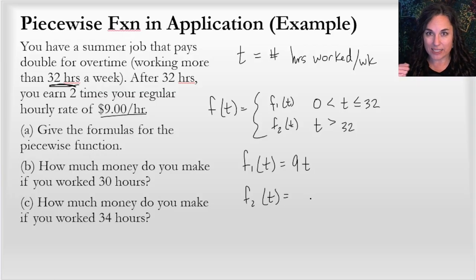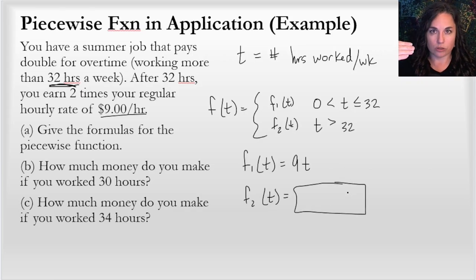So this is the dollar amount that you'll get on your paycheck. If you work less than 32 hours, you'll get this amount on the paycheck. But if you work more than 32 hours, this has to include all the way up to 32 hours and that double time amount.